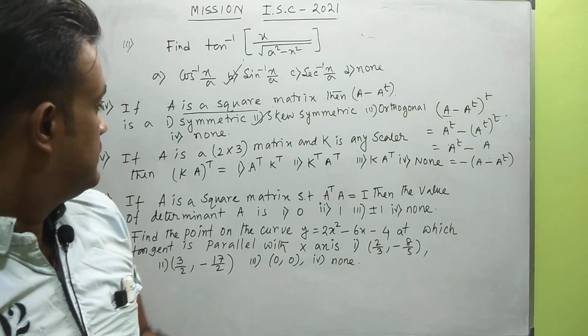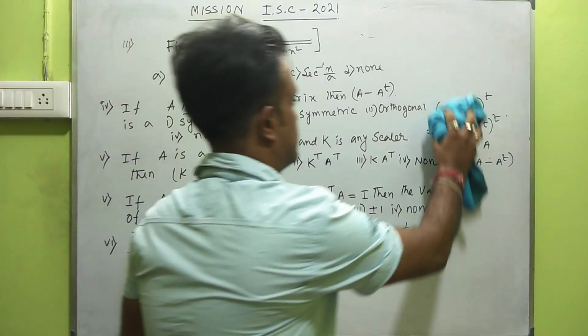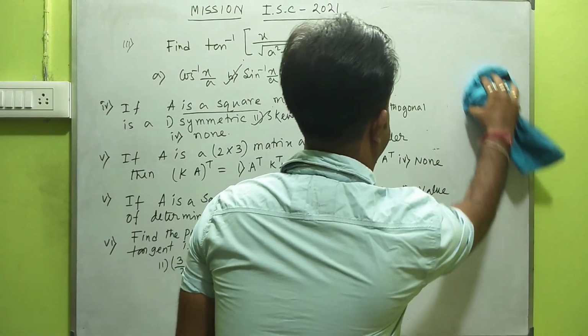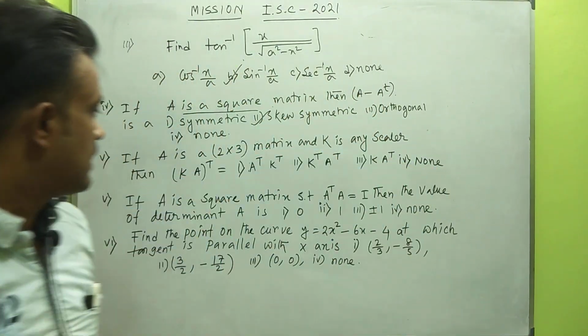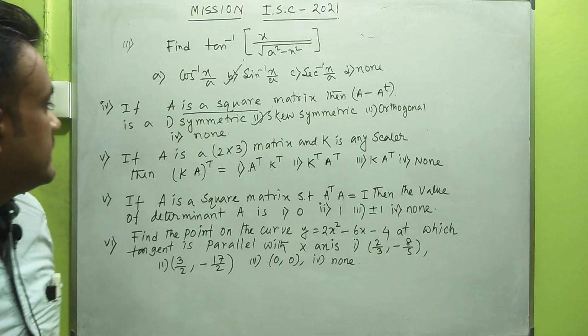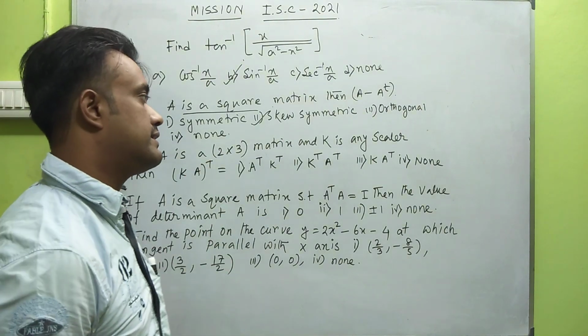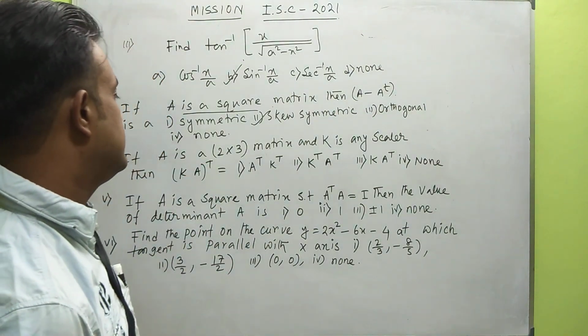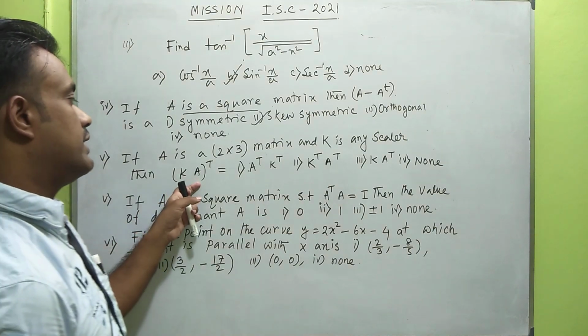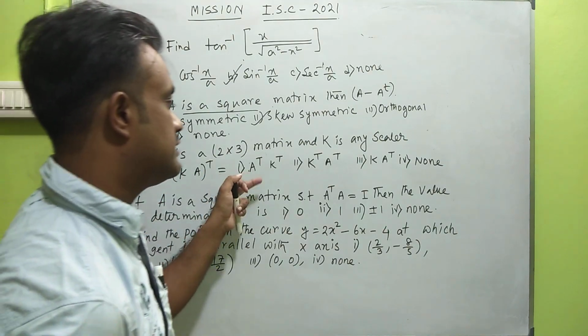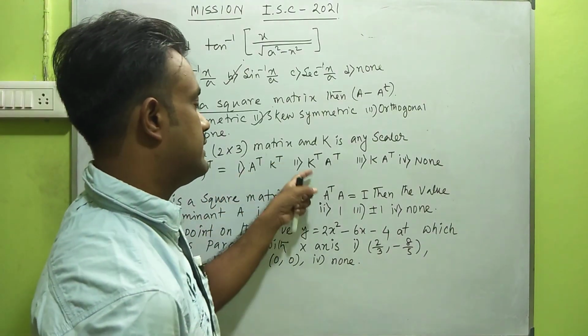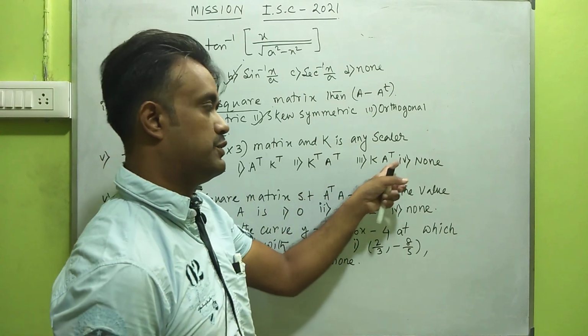Now in the fifth sum, A is a 2 cross 3 matrix and K is any scalar, then K into A whole transpose is equal to A transpose, K transpose, K transpose A transpose, K A transpose, or none.